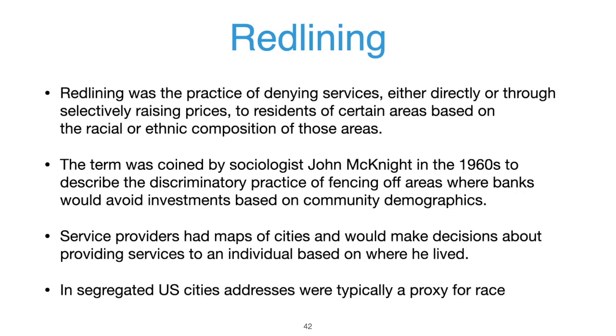So they would have had maps of the city, and depending on where you were from, you were either deemed creditworthy or not. And of course, in segregated US cities, this amounted to deciding that you were creditworthy based on whether you were black or not, because segregation meant that your address was a good proxy for your race.